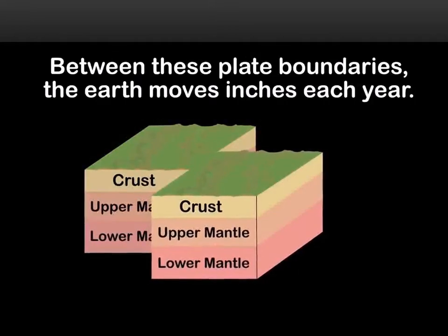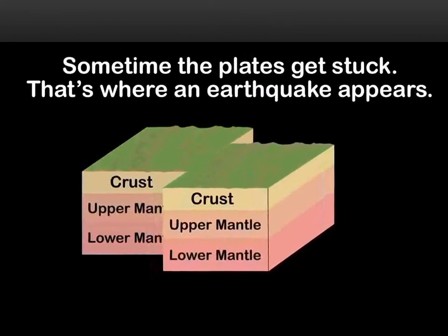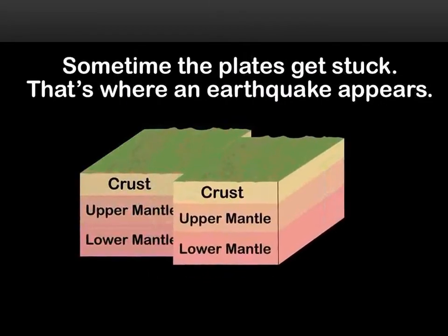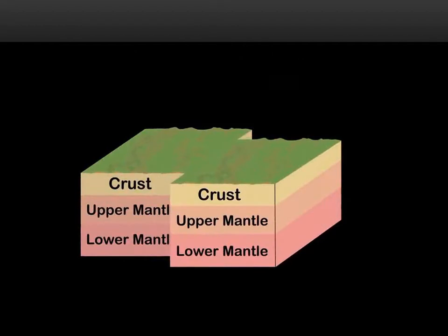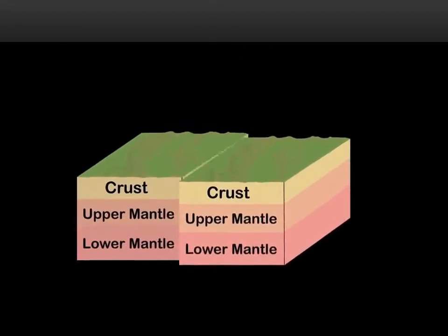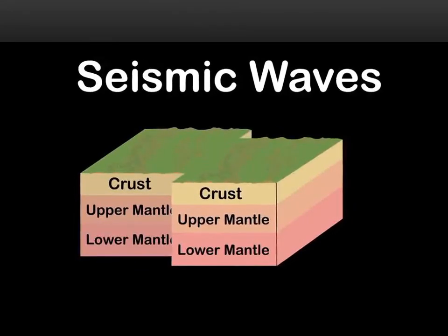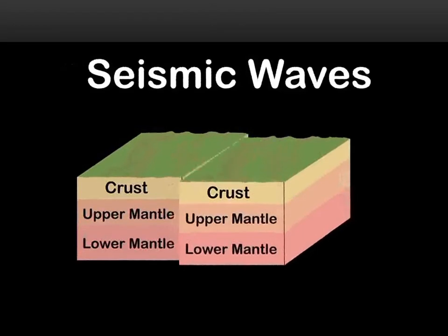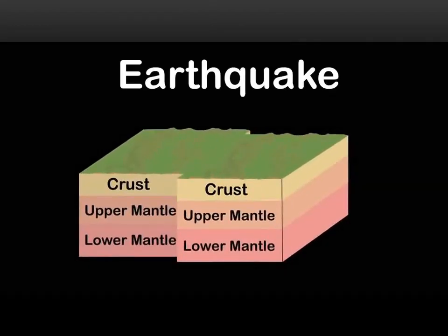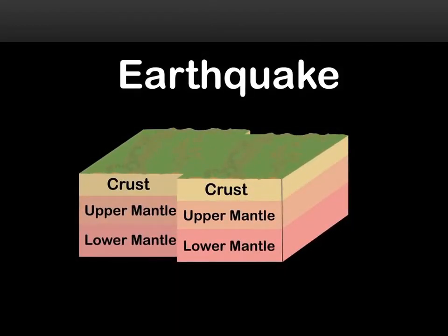Between these plate boundaries, the earth moves inches each year, but sometimes the plates get stuck. That's where an earthquake does appear. When pressure builds up from being stuck in this delay, the rock breaks, releasing energy, causing seismic waves. These seismic waves, they shake the ground. That is an earthquake. Let's see where massive quakes are found.